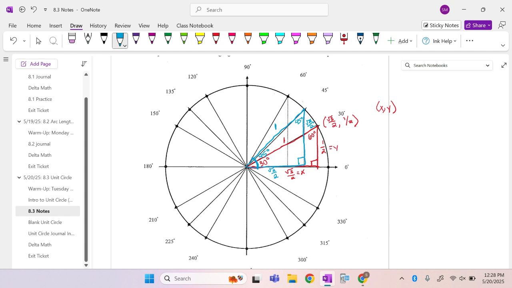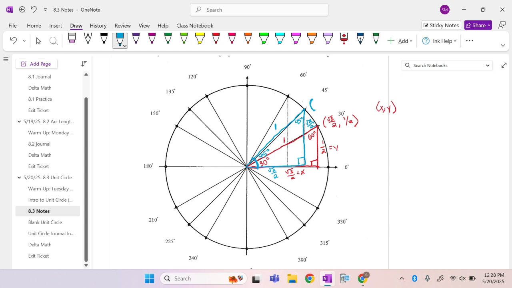All right. Now, same process. What do you think my point is? Using the same process that we did for the previous one. So what's my horizontal distance for the blue triangle? How long is the horizontal line of the blue triangle?